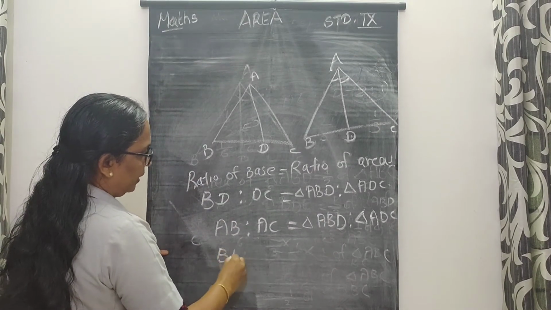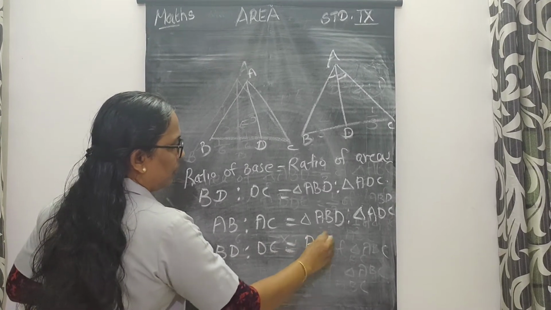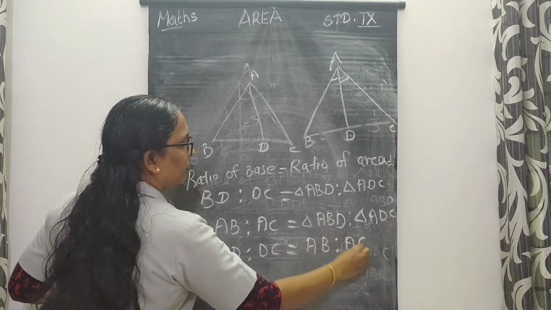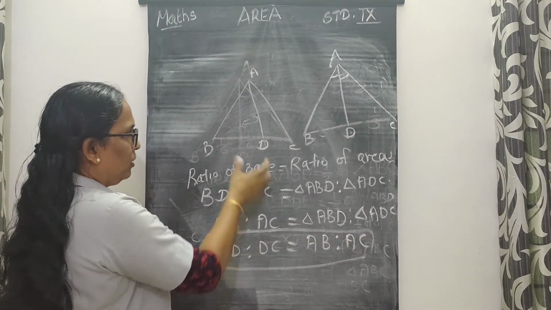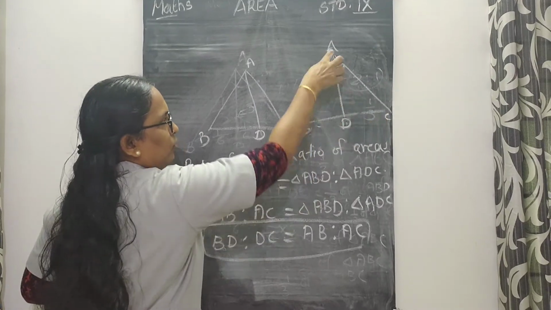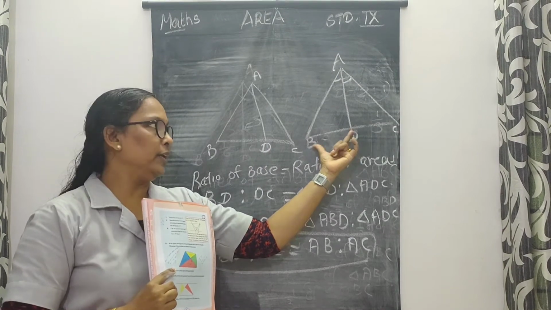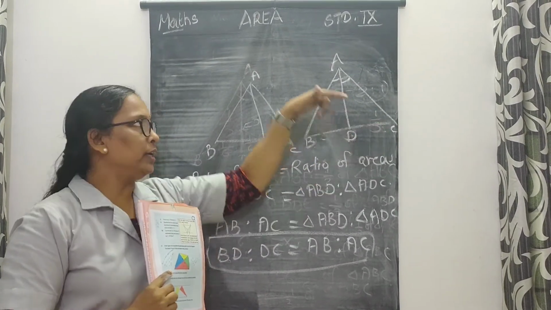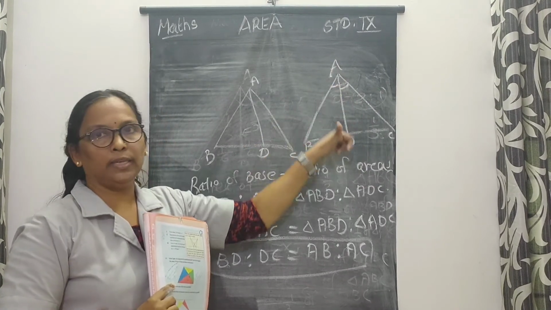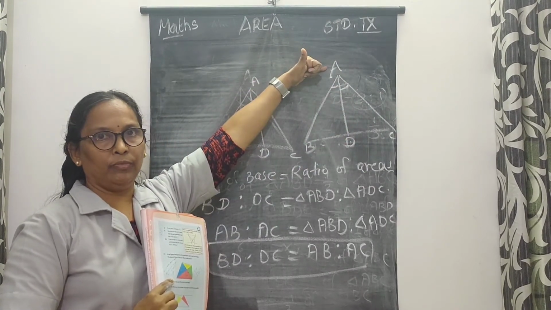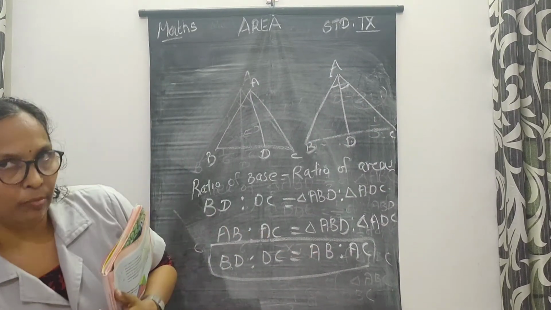That is, BD is to DC equal to AB is to AC. The ratio of the base is equal to the ratio of the other two sides when this line is a bisector of the angle A. Okay. This is a very important property.